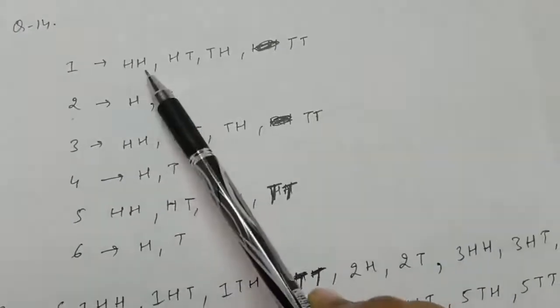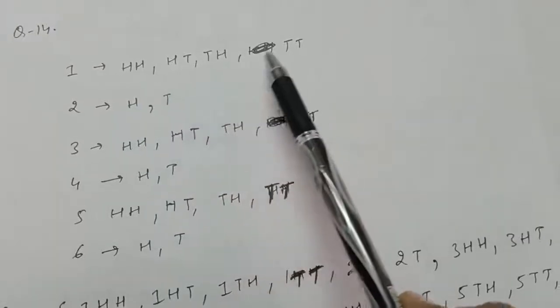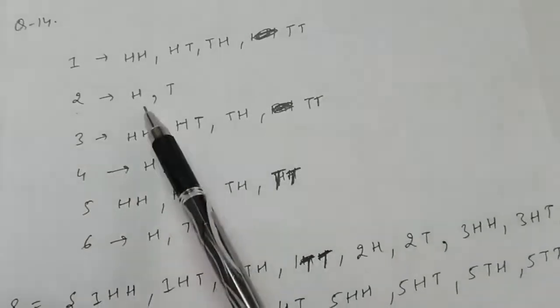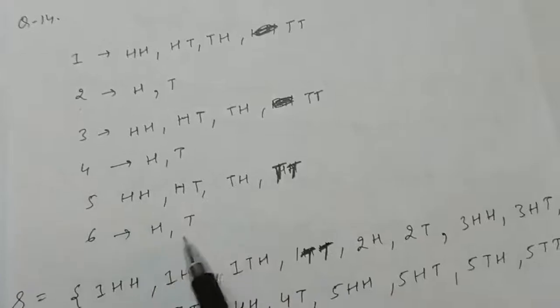That is, if 1 appears, then we have to toss a coin twice. So the outcomes can be HH, HT, TH, TT. Similarly for 3, similarly for 5, right? And they have said if an even number appears, that is 2, 4 or 6, then we have to toss a coin only once. That is, the outcomes can be head, tail, right?